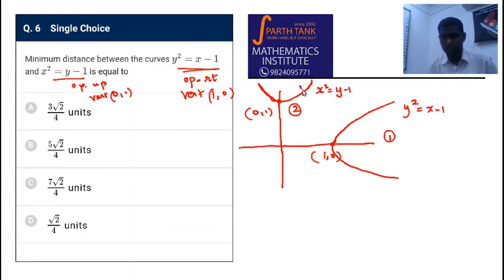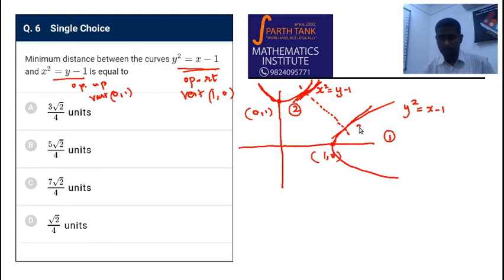That is, you should find which line would be the common normal to both. Common normal means same line as a normal to this curve and to this curve, which means the tangent here and the tangent here to this curve should be parallel to each other.